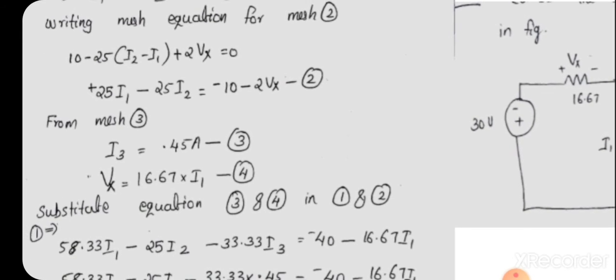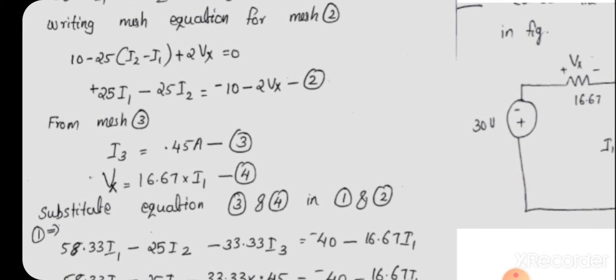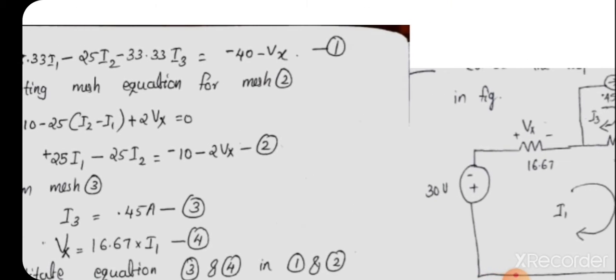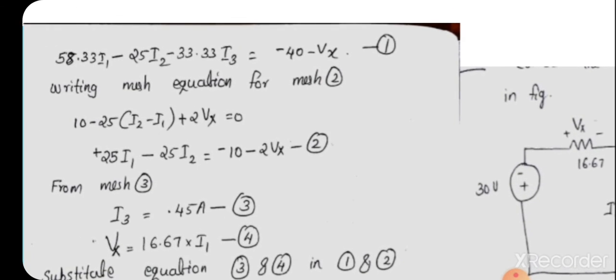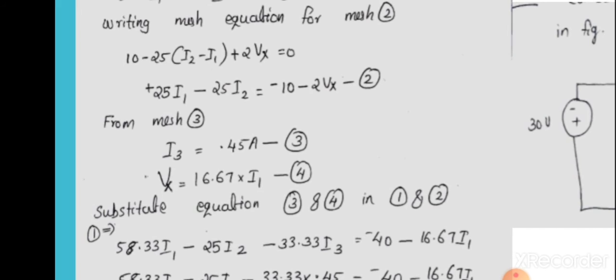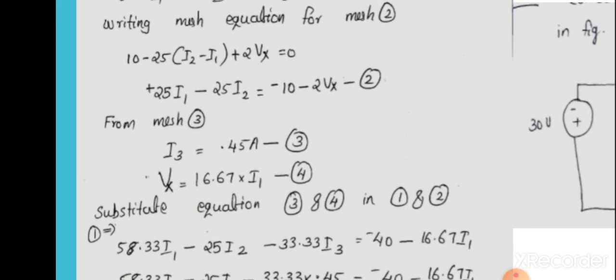Okay. So there are equation 1, equation 2, equation 3 and equation 4. Equation 1 contains I1, I2, I3 and Vx. Equation 2 contains I1, I2 and Vx. Equation 3 is I3 equal to this quantity.